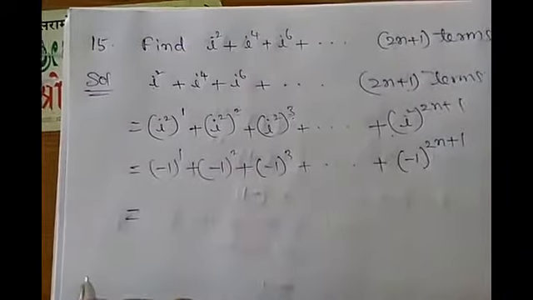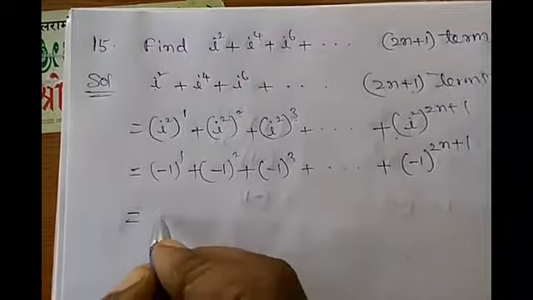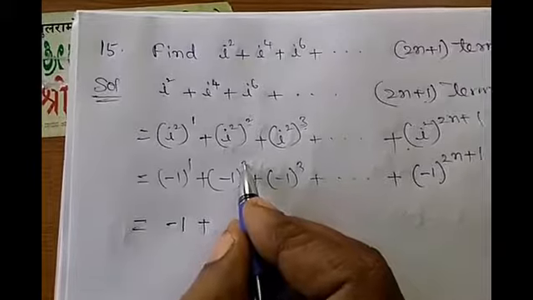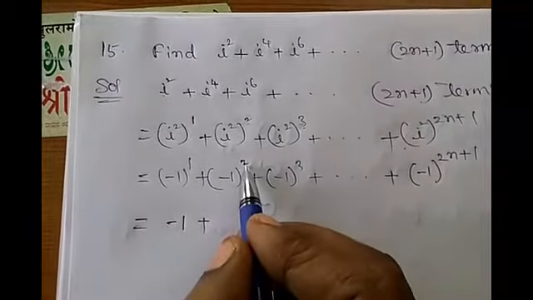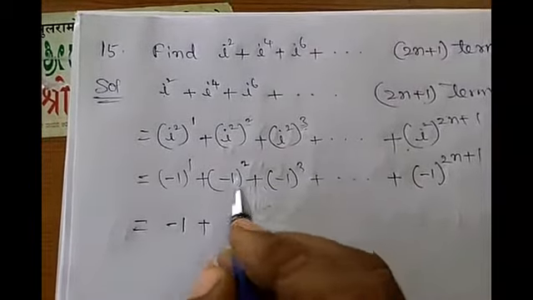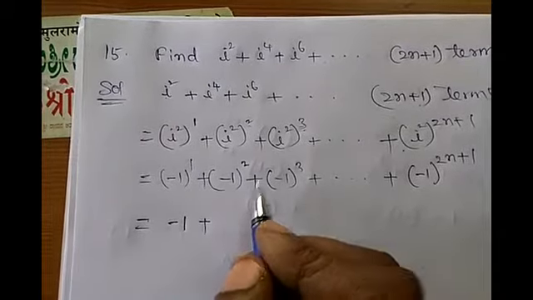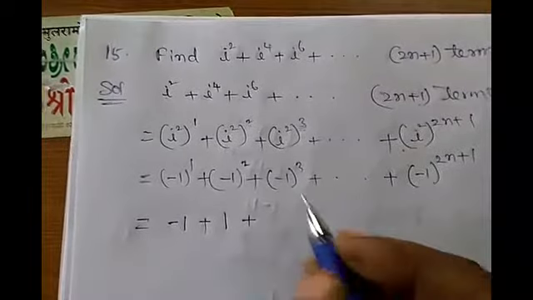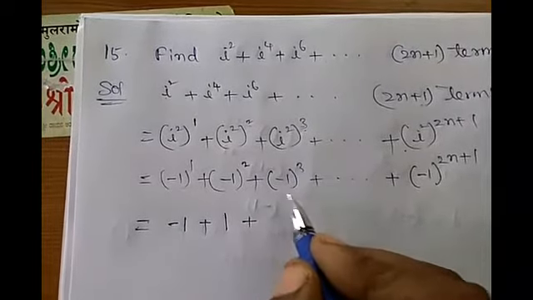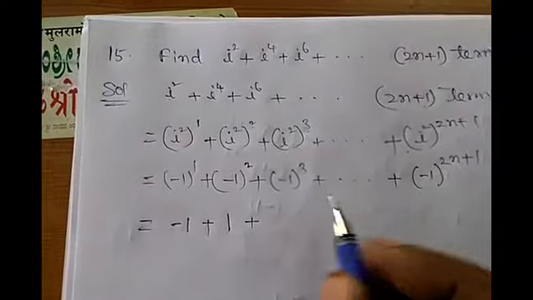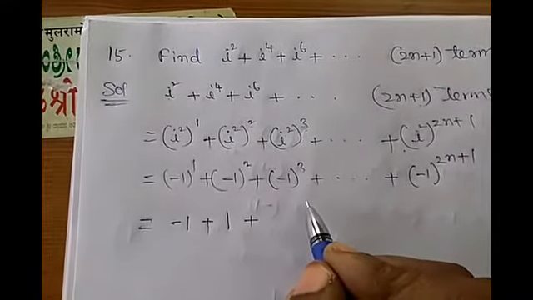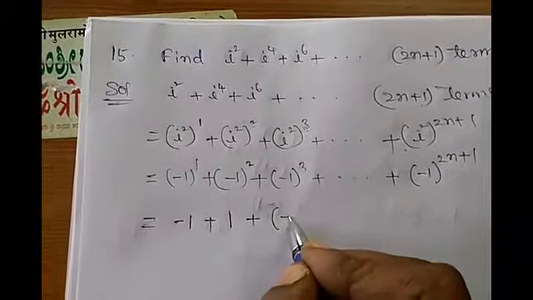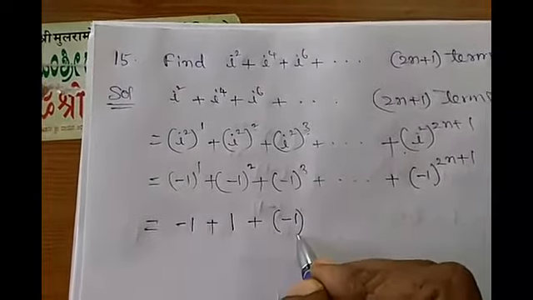That means minus 1 whole power 1 equals minus 1. Minus 1 whole square means minus 1 into minus 1. Minus into minus becomes plus, so it is 1. Minus 1 whole cube is minus 1 into minus 1 into minus 1. Minus minus becomes positive, another minus retains as it is, so minus 1 whole cube is minus 1.